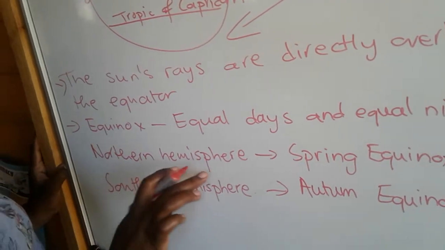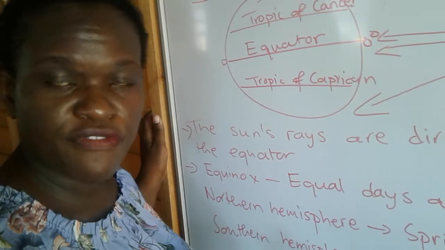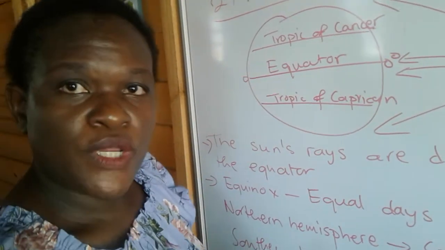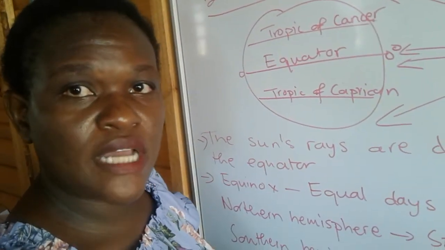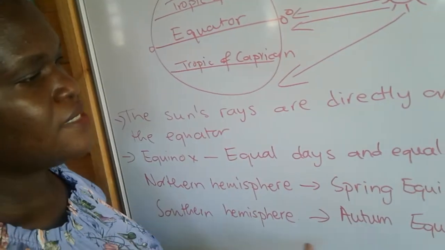So those in the northern hemisphere, it is spring for them. It means they now have to start preparing for their summer season. Us in the southern hemisphere, we know that our summer season is coming to an end and we now have to start preparing for our winter season.